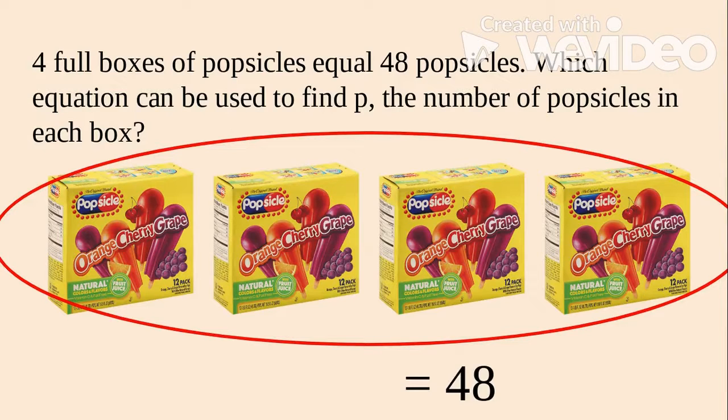What type of math would be involved? What operation would I use if I have 4 full boxes of popsicles? Thinking multiplication. When I have groups of something and each group is the same amount and I know how many groups I have, I'm multiplying 4 times the number of popsicles in each box.